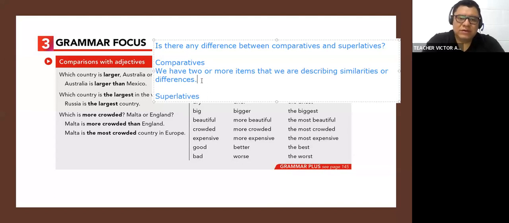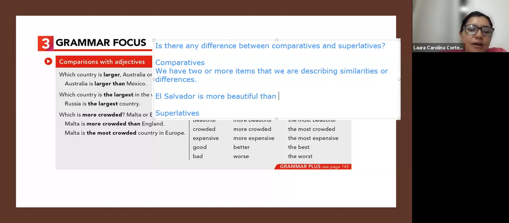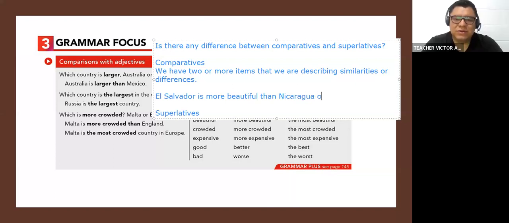For example, imagine if I say El Salvador is more beautiful than, I don't know, tell me a country, guys. Nicaragua. Guatemala. All right, Nicaragua or Guatemala. Okay, great, I like that. Proud Salvadorians. So in that case, we are comparing, right?